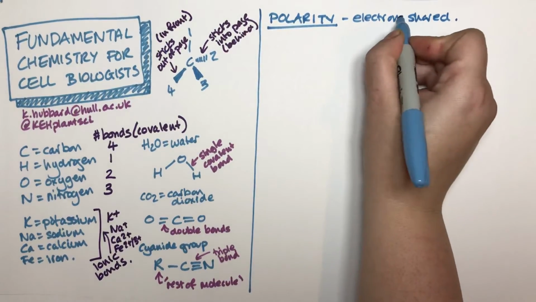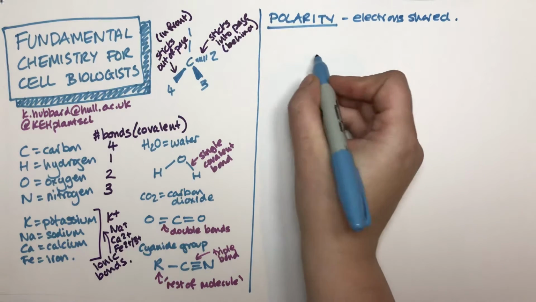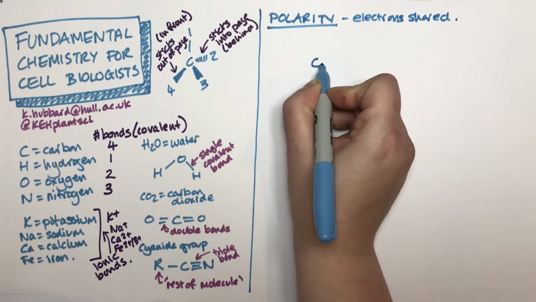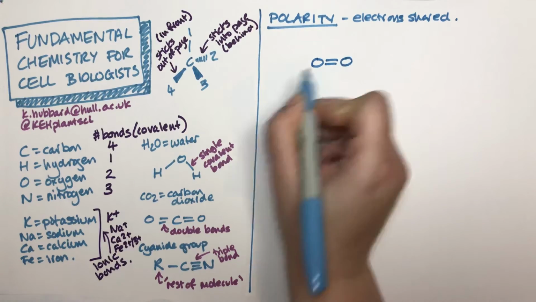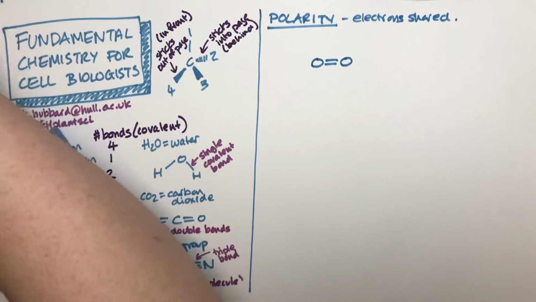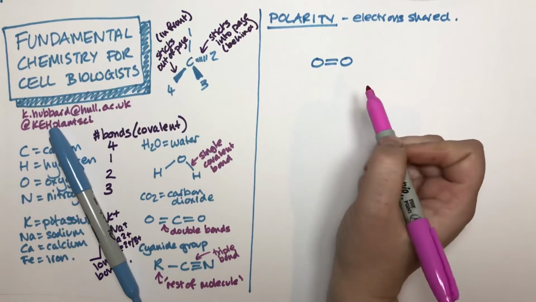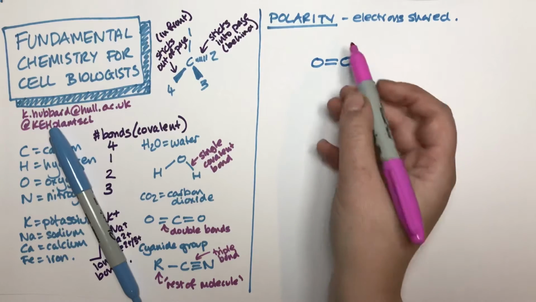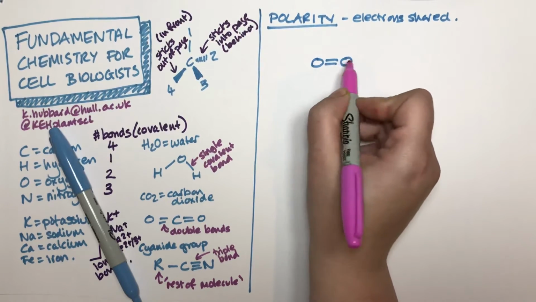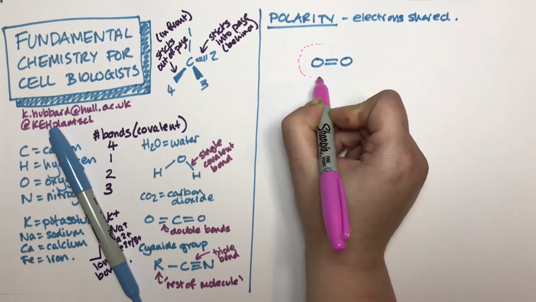The electrons in molecules, if they've got a covalent bond, are shared, but sometimes they're shared equally and sometimes they're shared unequally. If I start with a molecule of oxygen, so it's just O2, 2 oxygens bound to each other, because it's the same atom, both of them are oxygen, both of them have the same affinity for electrons. So there are electrons buzzing all over this molecule, and they will be relatively evenly distributed.